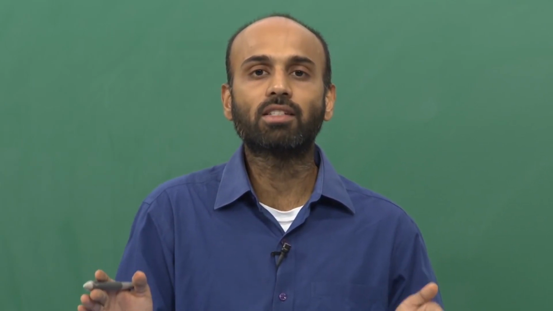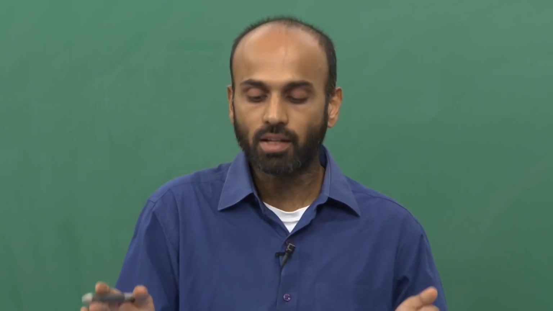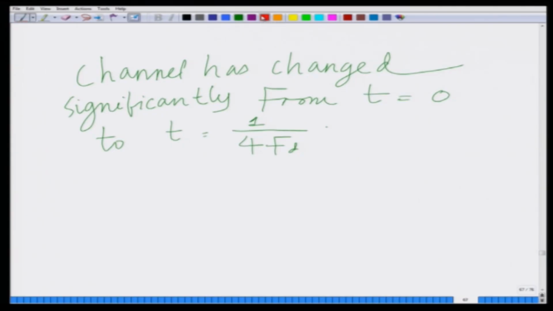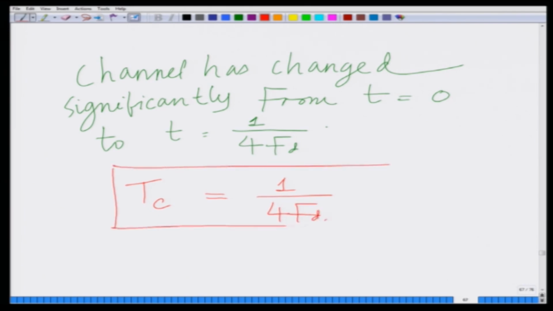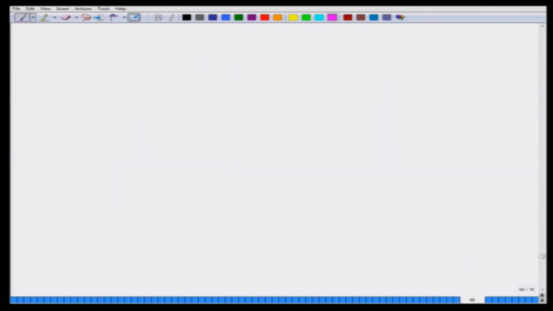This can be defined as the coherence time of the channel. So, coherence time T c equals 1 by 4 f d. This is the definition of the coherence time. This is termed as the coherence time. So, the channel is changing significantly during the coherence time interval.